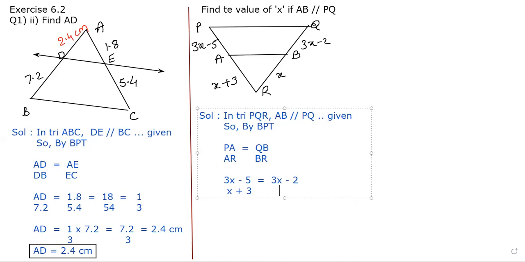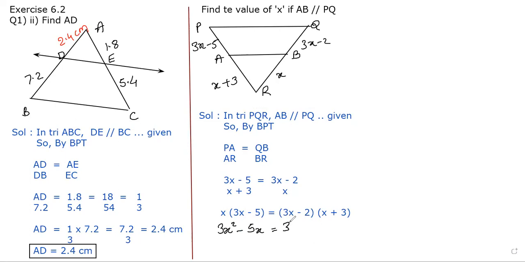What to do here? Next step, what to do? Cross multiply. Correct. Put the brackets, multiplied by x plus 3. So now open the brackets. 3x into x is 3x square minus 5x.